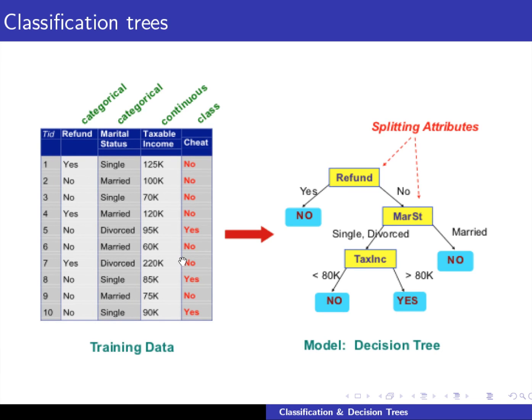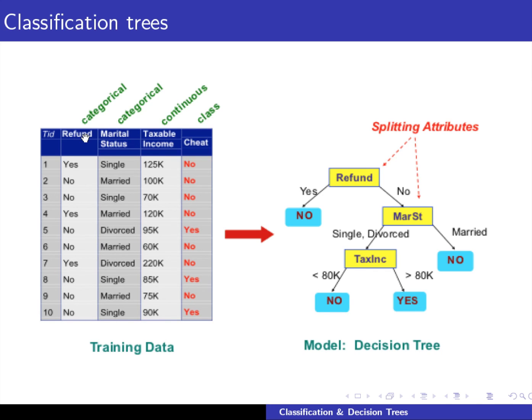Okay, so let's take a look at the training data set from the previous slide. And instead of attribute 1, attribute 2, and so on, you can actually say what they are. So here's our ID. We've got person 1, person 2, and so on in the data set. The question is, did they get a tax refund in this particular tax year?